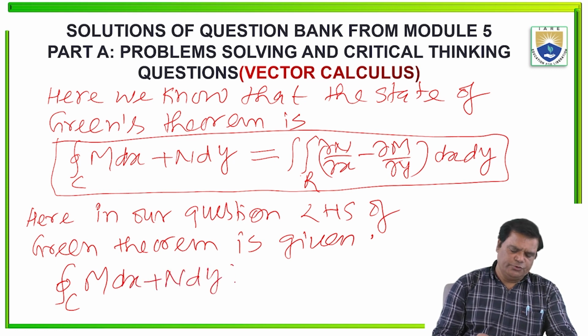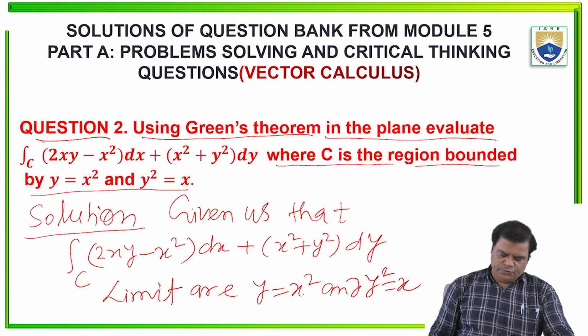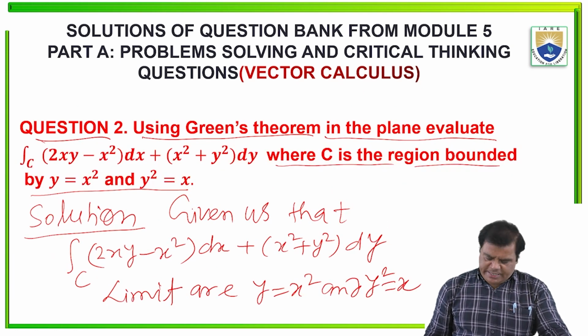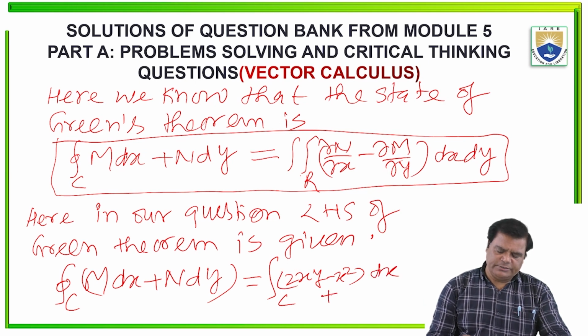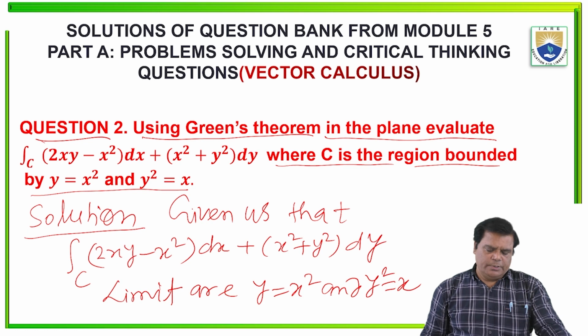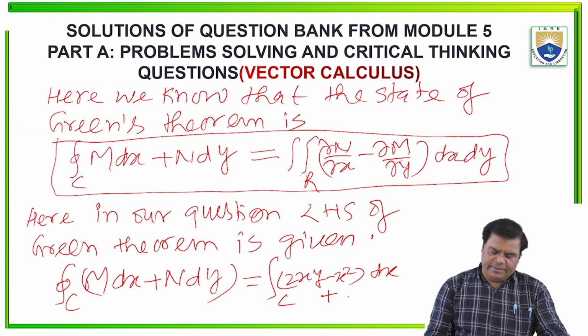Here the given integral over C is (2xy minus x square) dx plus (x square plus y square) dy.